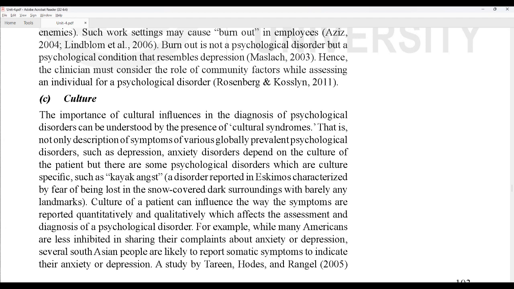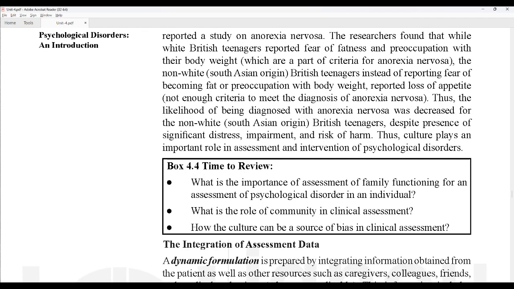For example, while many Americans are less inhibited in sharing their complaints about anxiety or depression, several South Asian people are likely to report somatic symptoms to indicate their anxiety or depression. A study by Tareen, Hodes, and Rangel, 2005, reported a study on anorexia nervosa.